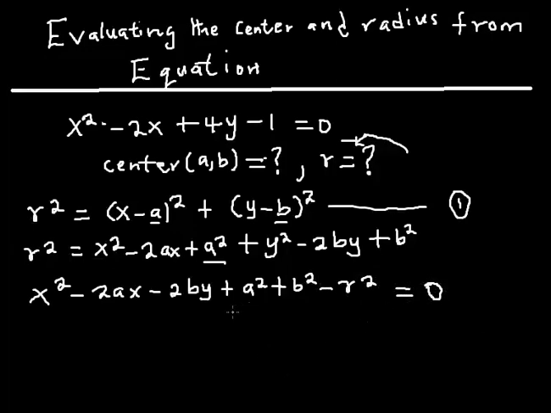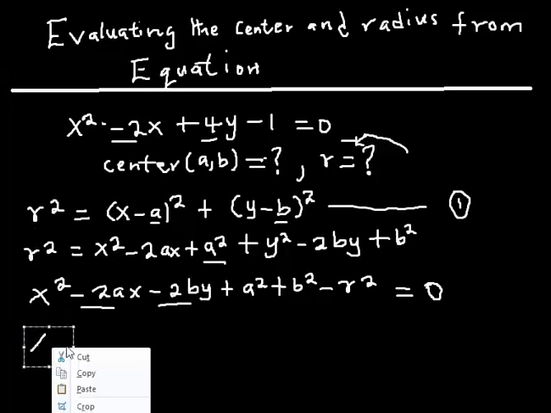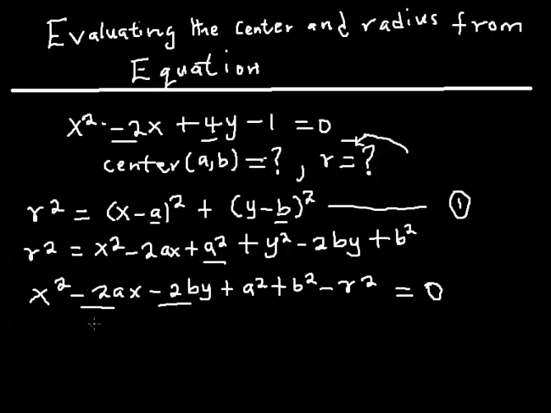So now I'm going to separate this. Now I have minus 2a, which of course is the coefficient of x. If you compare it, the coefficient of x is minus 2. I have minus 2b, which is the coefficient of y, that is 4. So let me use g and f to represent those coefficients.